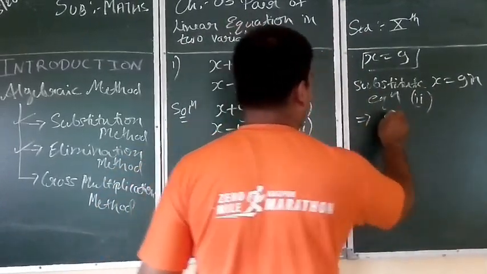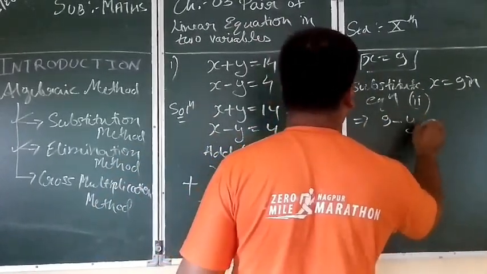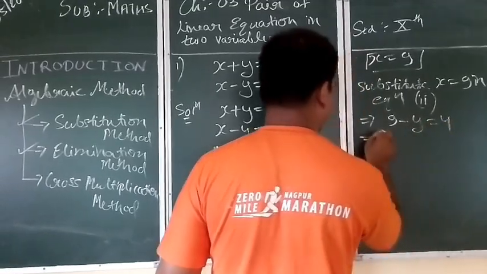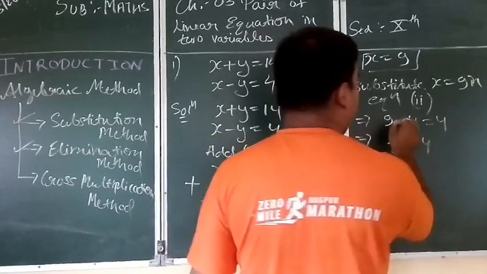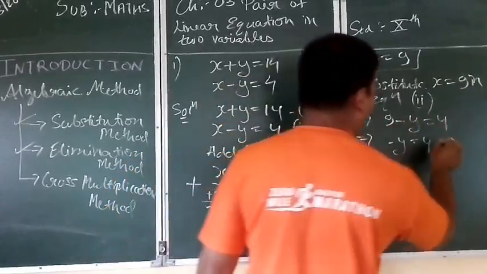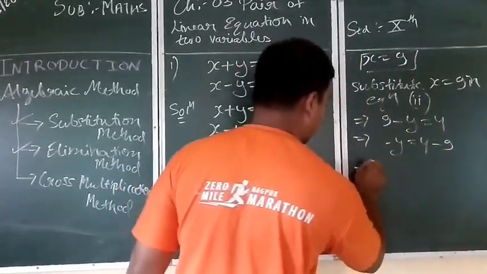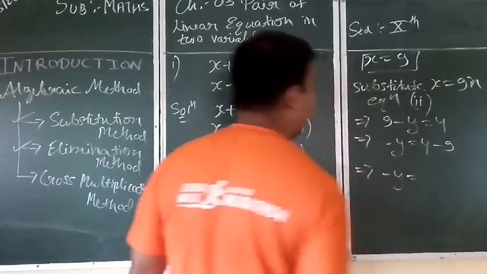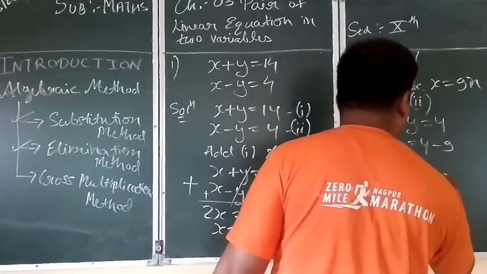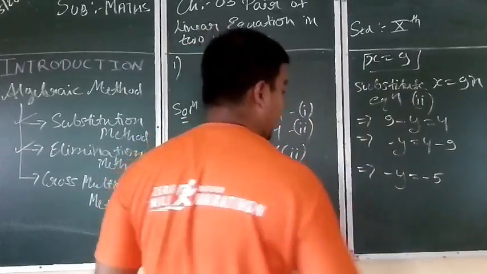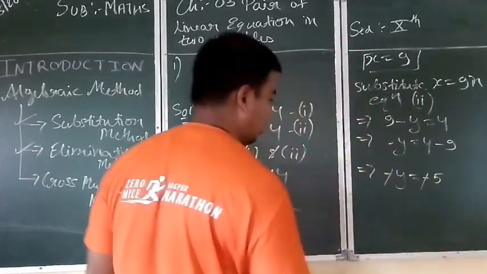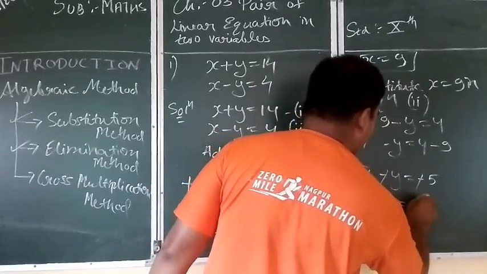So x is 9, minus y is equal to 4. So minus y is equal to 4 minus 9, transferring 9 to this side. 4 minus 9 is minus 5. So minus, minus cancel. So y is equal to 5.